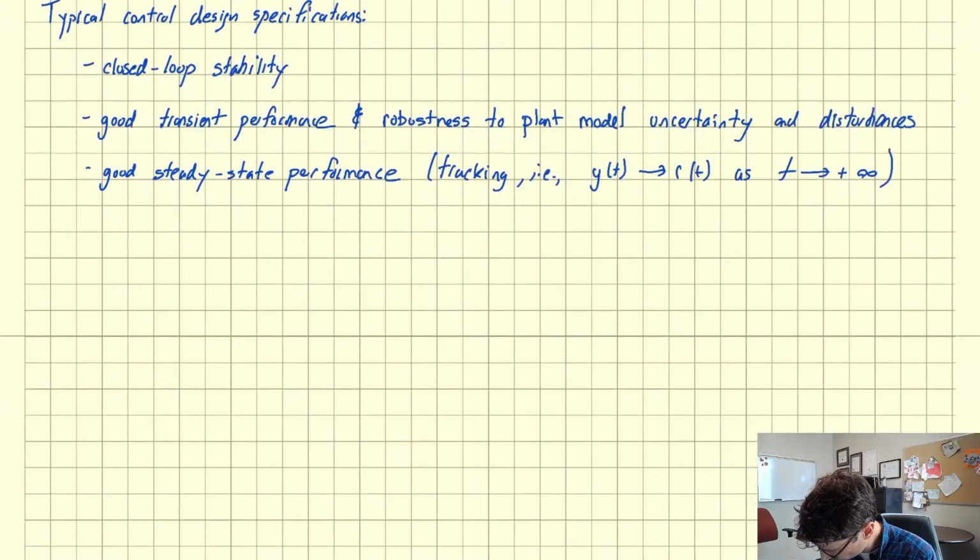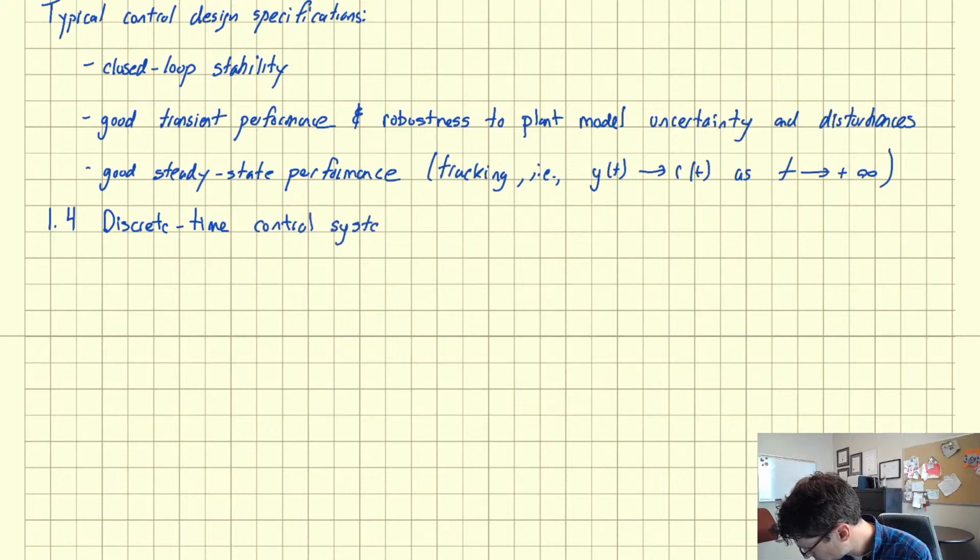So 1.4. Discrete time control systems. All right. And so once again, I'll just grab the picture from the notes. You can take a look there. So what the picture is.